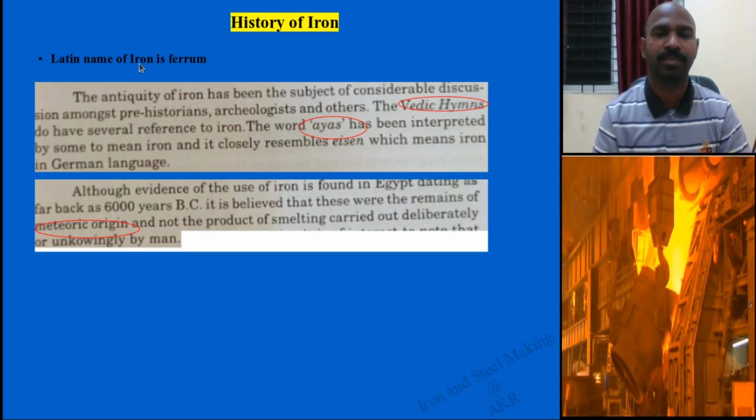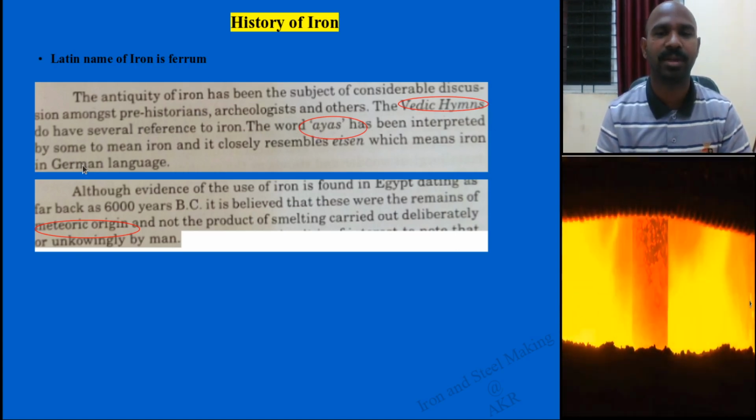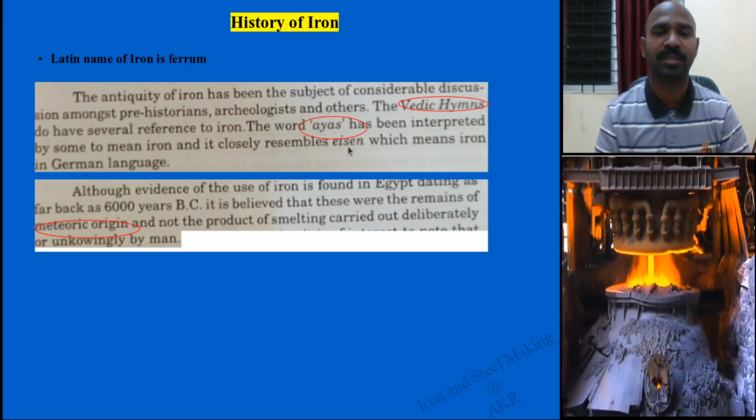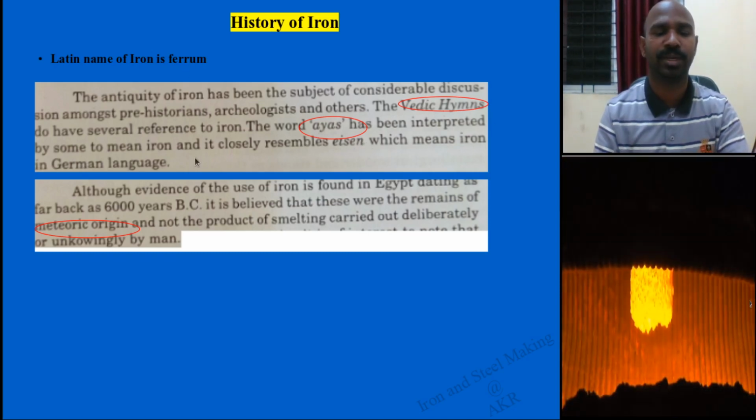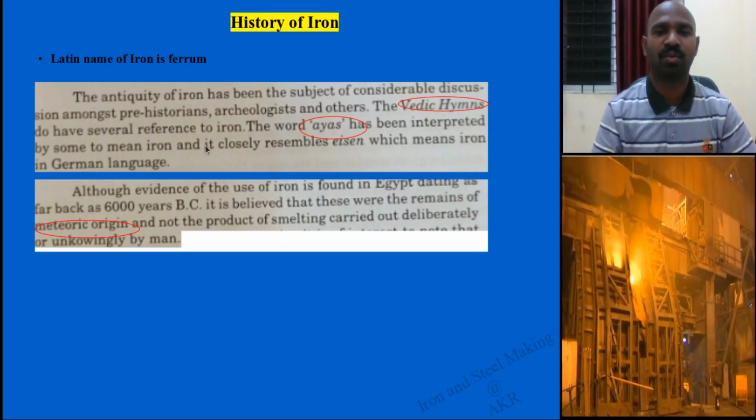The explanation about ferrum was with the name Ayas. Similarly, in the German language it is called Eisen, meaning ferrum.